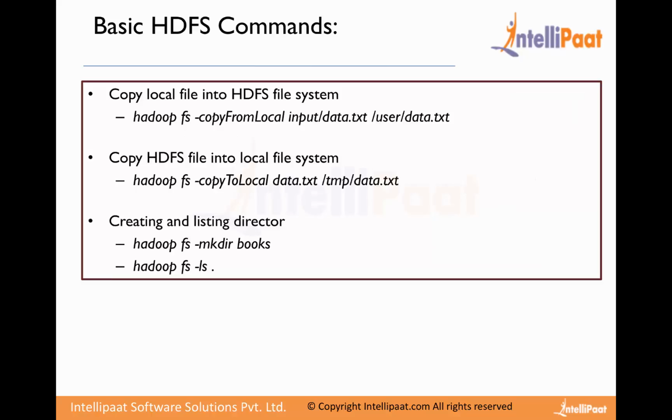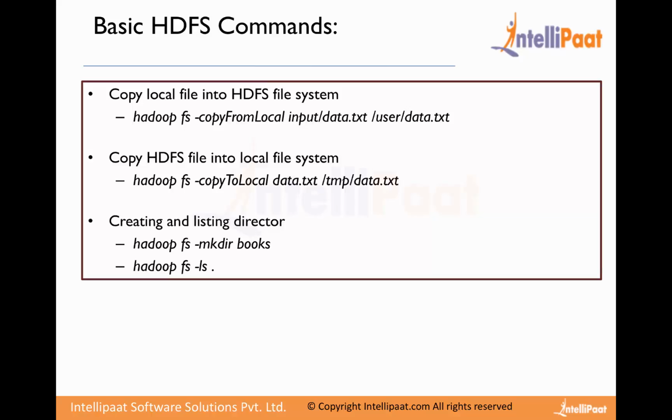So these are some of the simple commands that you can work with. I can actually show you at the end of this course how to do these things on a real Hadoop. All you're seeing is copying a file from a local machine into the HDFS file system. You run hadoop and then say it is a file system command that you're interested in, and copyFromLocal is the command that you're giving.